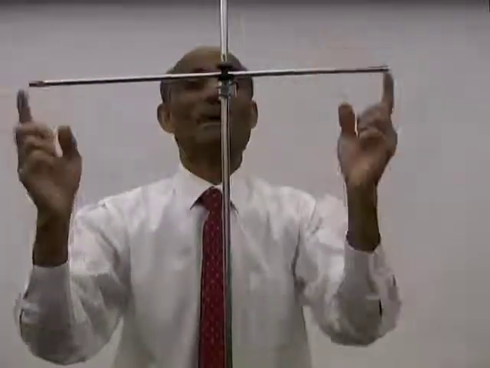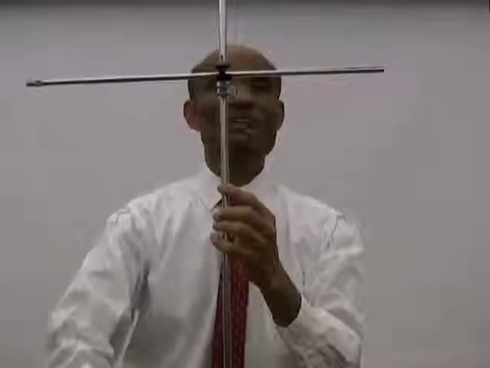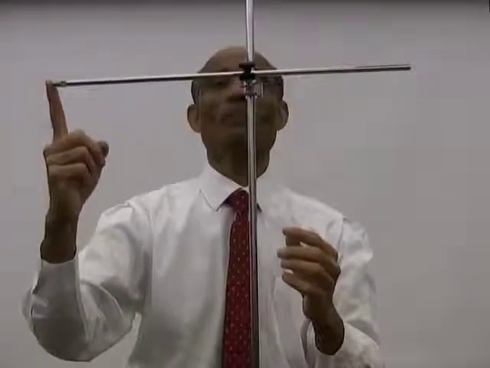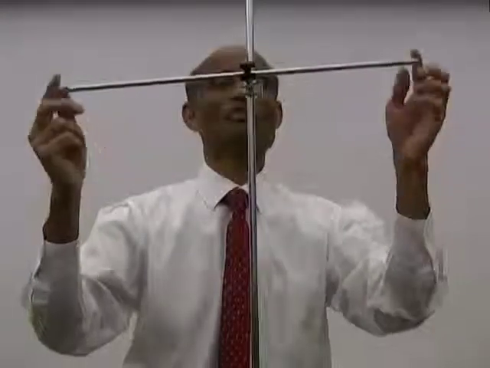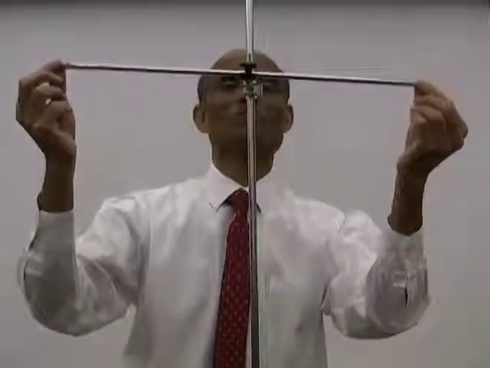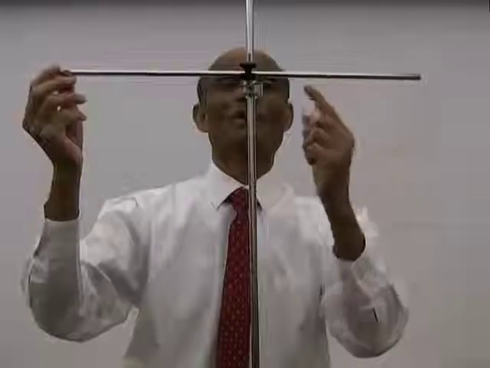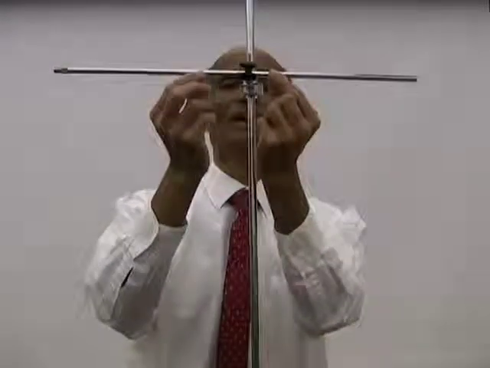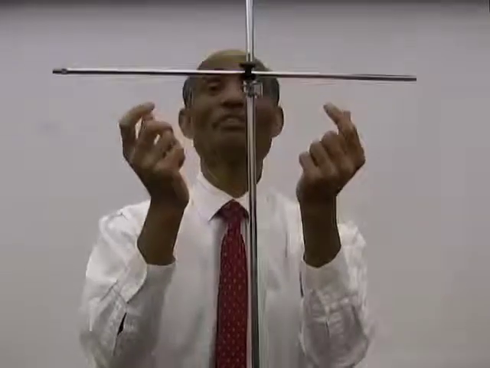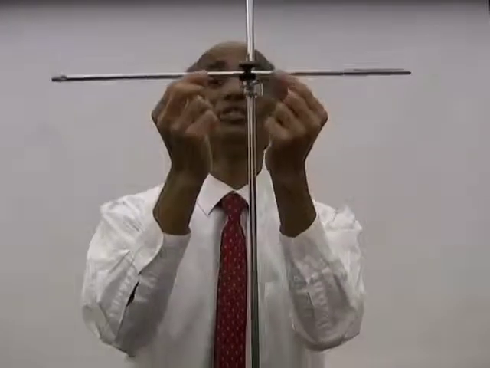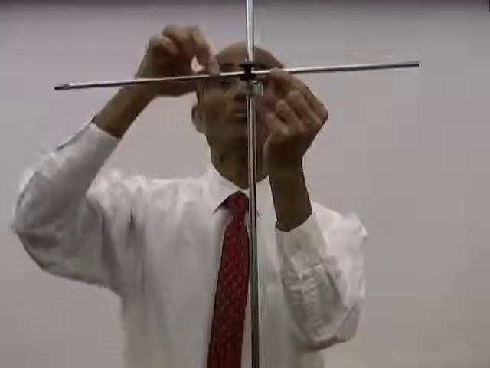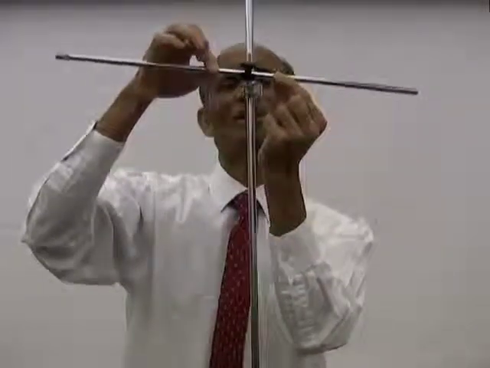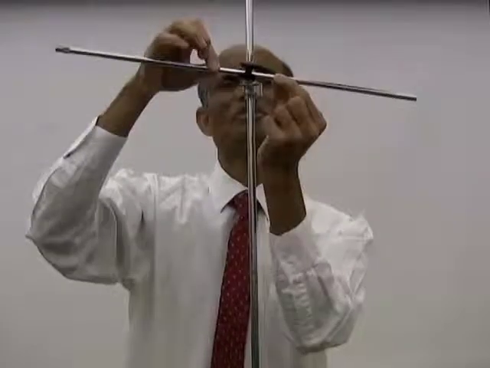Now, tell me, in this case that I demonstrated, one force upward and the other force downward, it produces rotation. If I bring those forces closer and closer, is the rotation effect increasing or decreasing? If I apply one force up and one force down very close to each other, the rotation effect is very small.